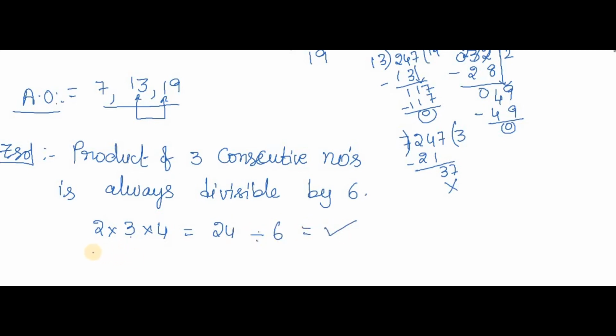We'll take one more number. Yes, 9 into 10 into 11. 9 tens are 90. 90 into 11 is 990.